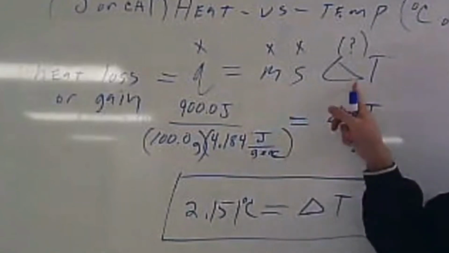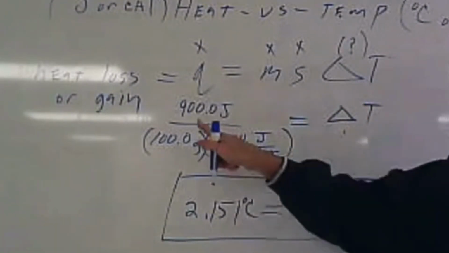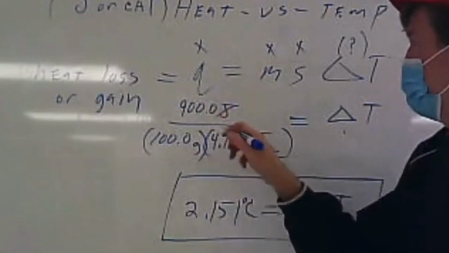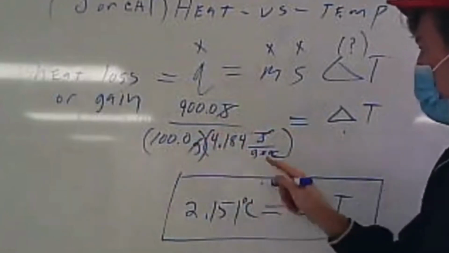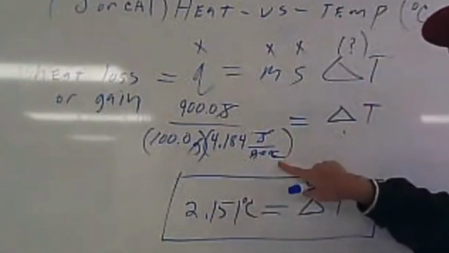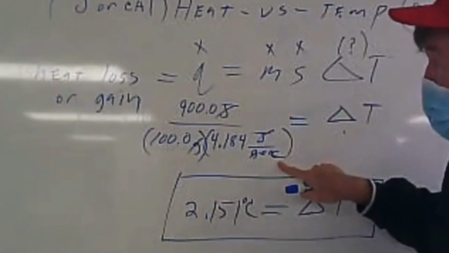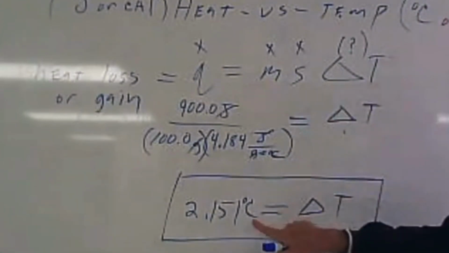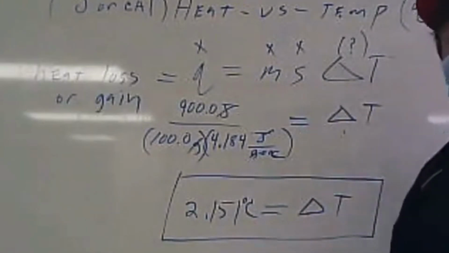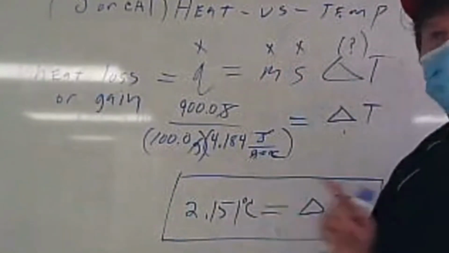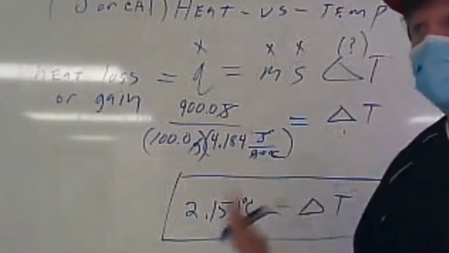We just simply solve for delta T. This is going to be a positive value because energy was being absorbed by the system. Joules cancels. Grams is on top. Notice grams is in the denominator there. Notice degree C is in the denominator of the denominator. And if it's in the denominator of the denominator, then we bring it up to the top. And sure enough, that's exactly what we have. So we've just increased the temperature of the water by 2.151 degrees C by adding 900 joules of heat to it.